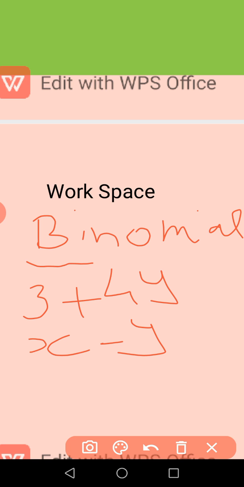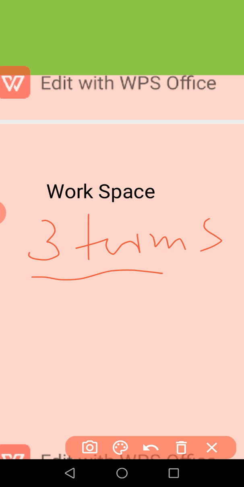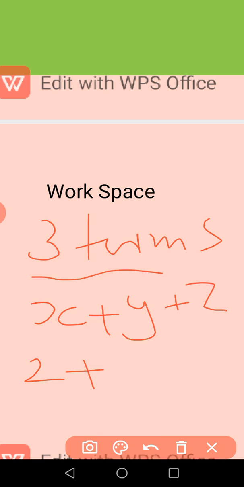One term monomial, if there are two terms they are binomials, and if there are three terms, what will be that? Mono means single, one, bi means two, then similarly trinomial means tri, three terms. Example, x plus y plus z, or 2 plus xy minus z.